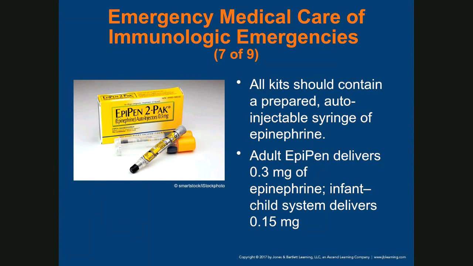Adult epi is 0.3, which would be minimum, to 0.5, which would be maximum, milligrams IM. For infant, it can be 0.01 milligram per kilogram or 0.15 milligram to 0.3 milligram.